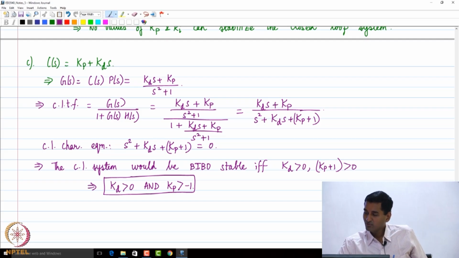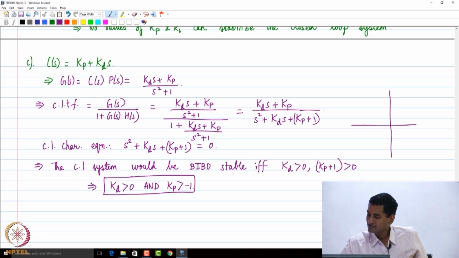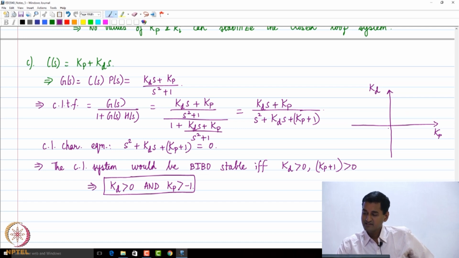If I want to plot this in the controller parameter space, I will just stop with this plot. We have Kp on the horizontal axis and Kd on the vertical axis. How will I plot Kd greater than 0? Kd greater than 0 is this half plane. How do I plot Kp greater than minus 1?